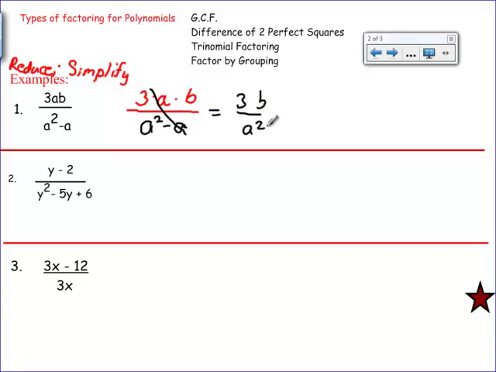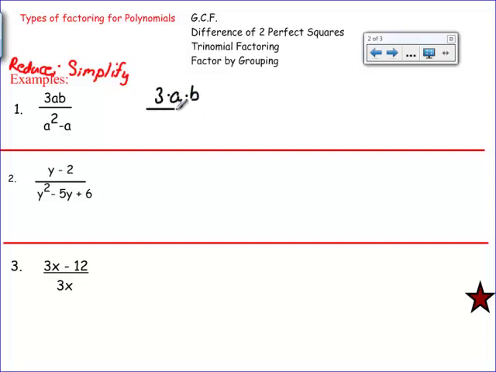This is so easy. No, no, no, you cannot do that. You must cancel only like factors. You didn't factor anything there. 3 times a times b.